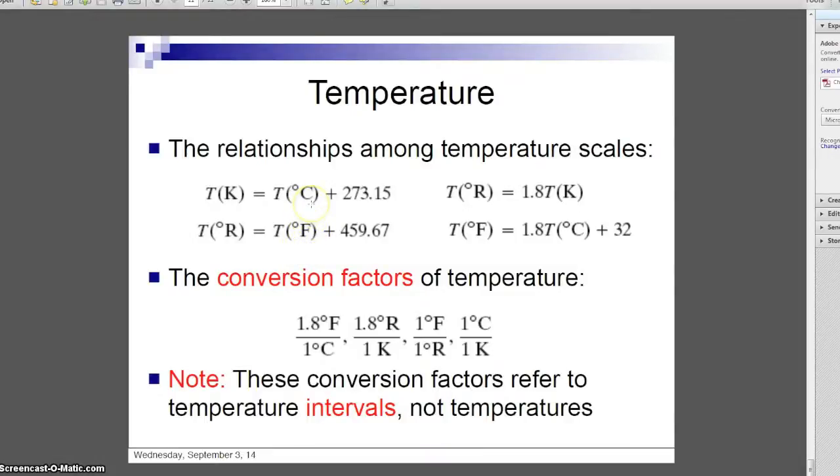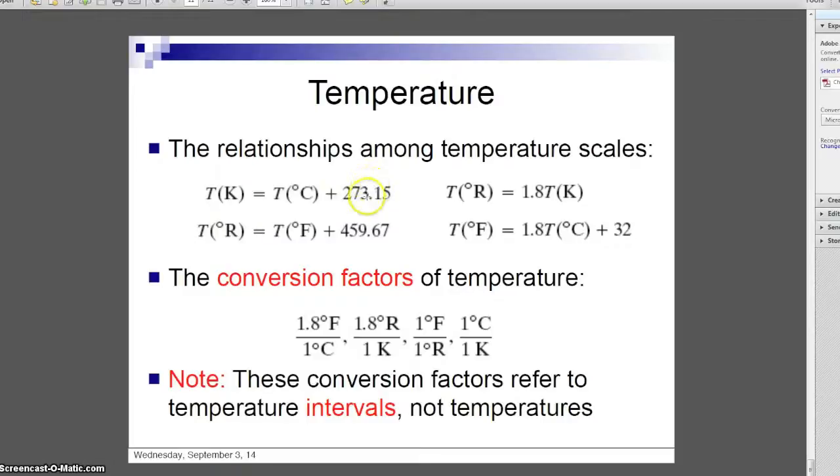So from Celsius to Kelvin, 0 Kelvin is basically absolute zero, which is minus 273.15 Celsius. So if the temperature is recorded at 1 Celsius, for Kelvin it is 274.15 Kelvin.